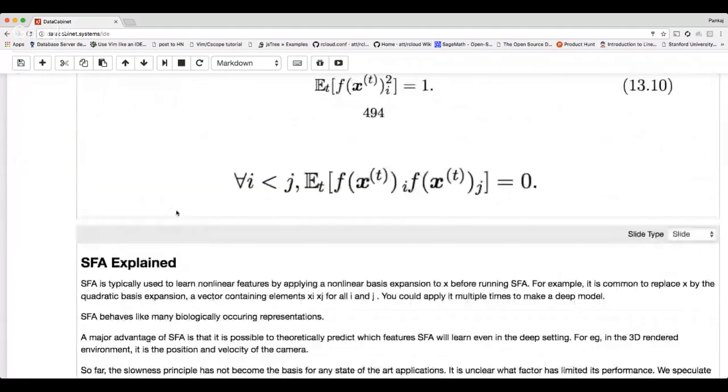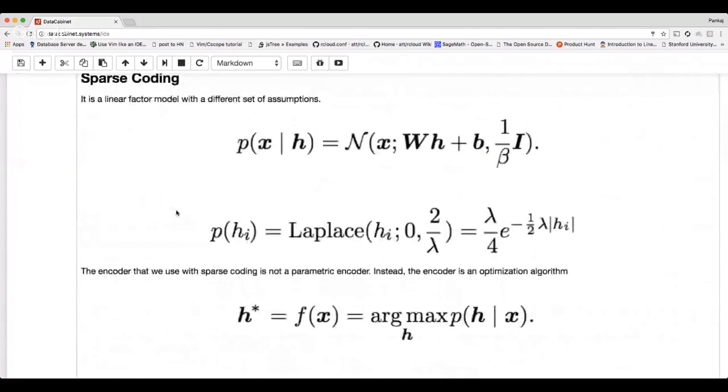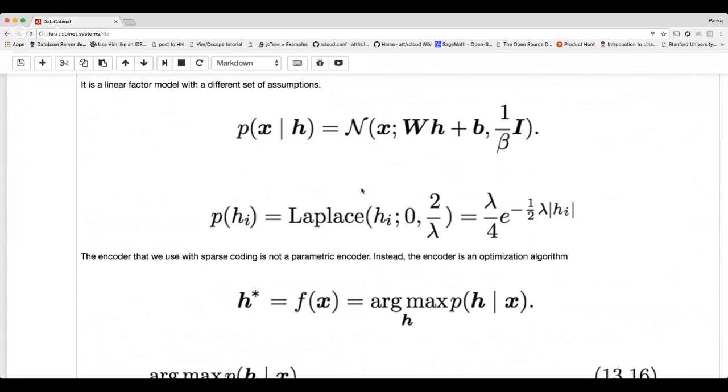But here, the probability of X given H is a normal distribution, which depends on H. You assume a prior, like a Laplace or Cauchy or one of those distributions that has a peak at 0, so that you can have feature selection.